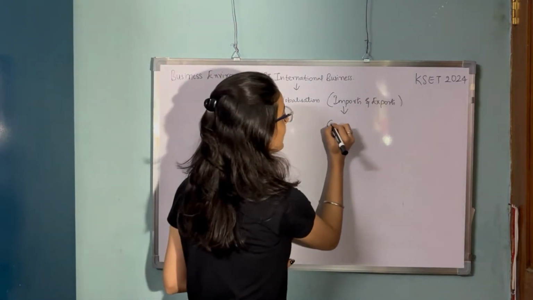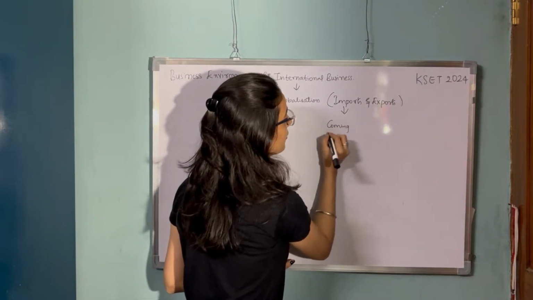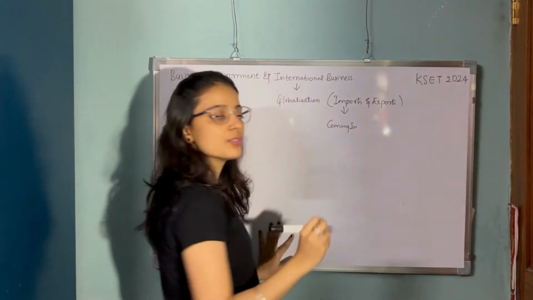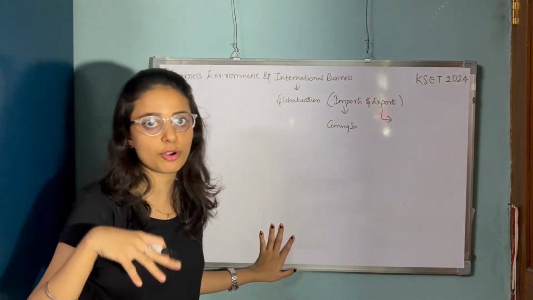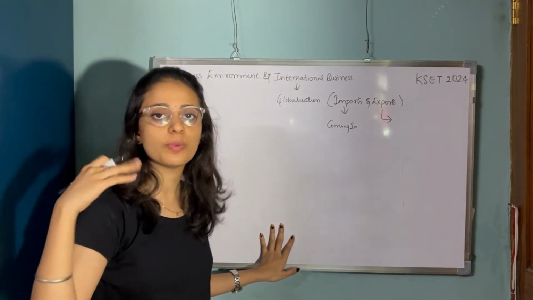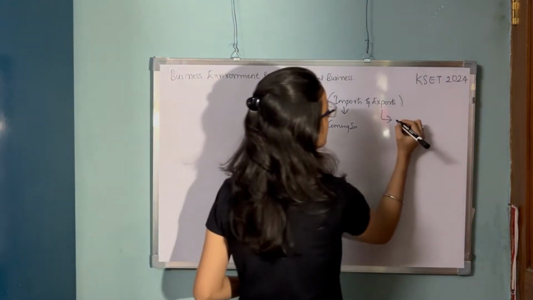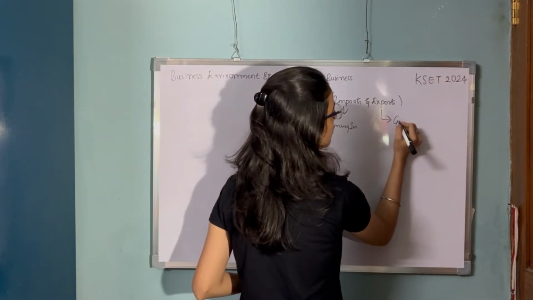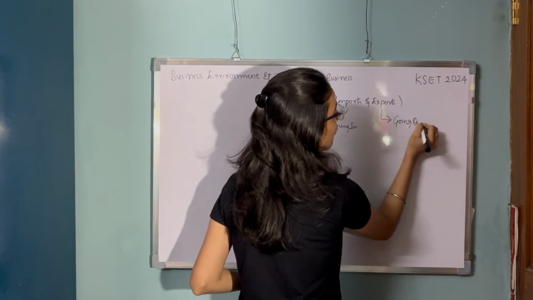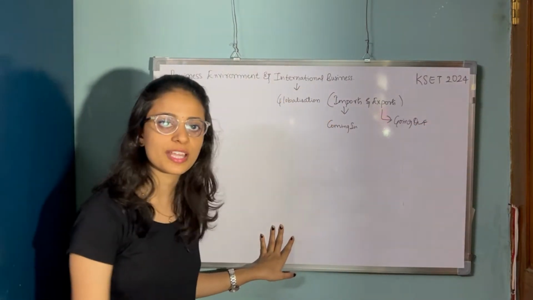Goods which are coming inside from another country to our country is known as imports. Whereas exports is something which we are producing in our country and selling to a foreign country. So goods which are going out of our country. So this is the concept of imports and exports.